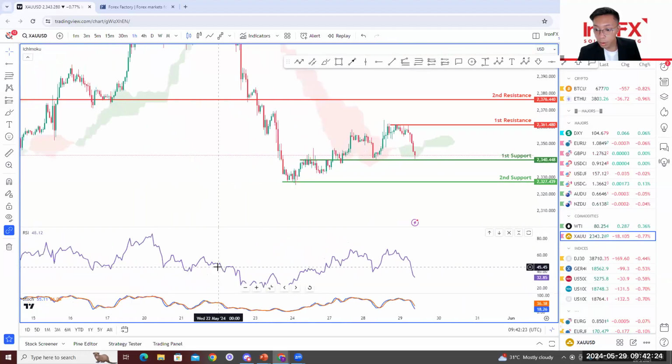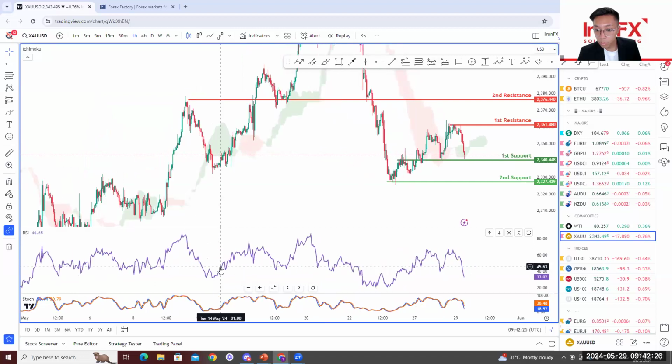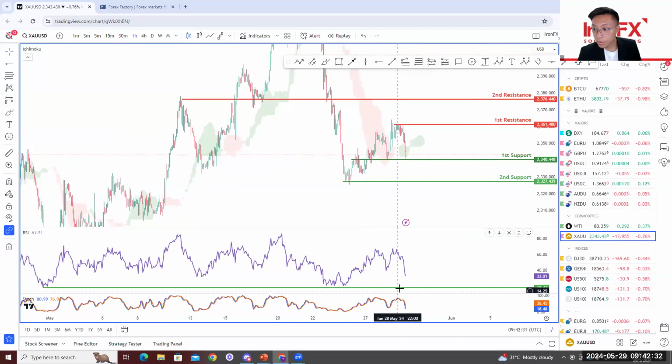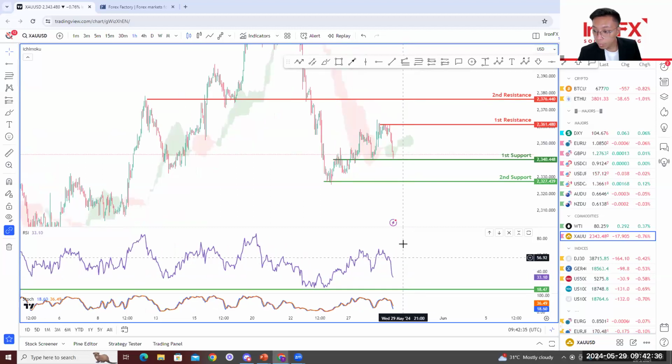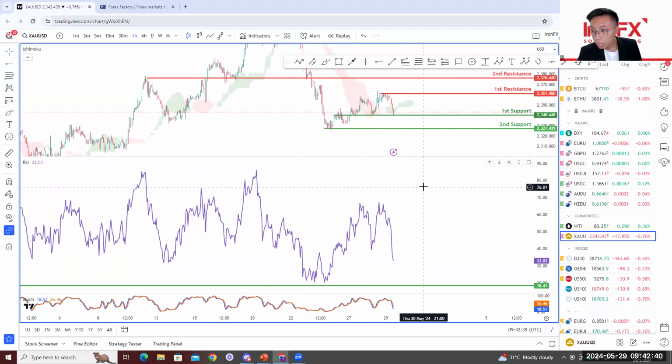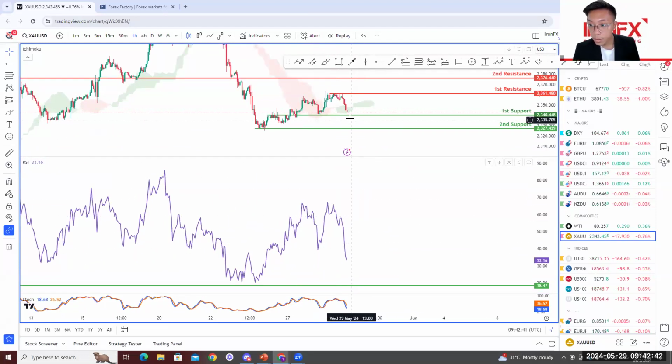Okay, let me see RSI. Yeah, this might actually be our hidden support. If price comes down here, wait, let me zoom in. You can see that price is now at a support level on our first support right here.